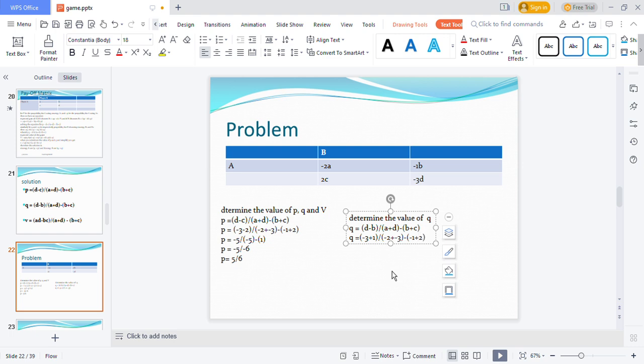You close the bracket. Q, what do you get for Q? You open the bracket, -3 plus 3 is -2. You close the bracket, divide by, open the bracket, -2 plus -3, that is -5.